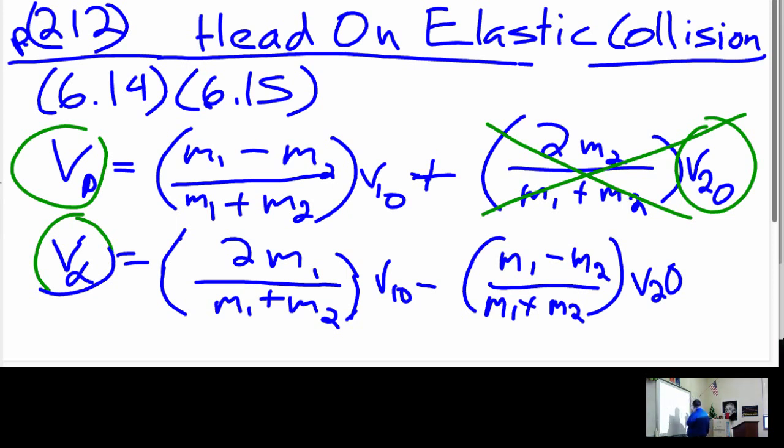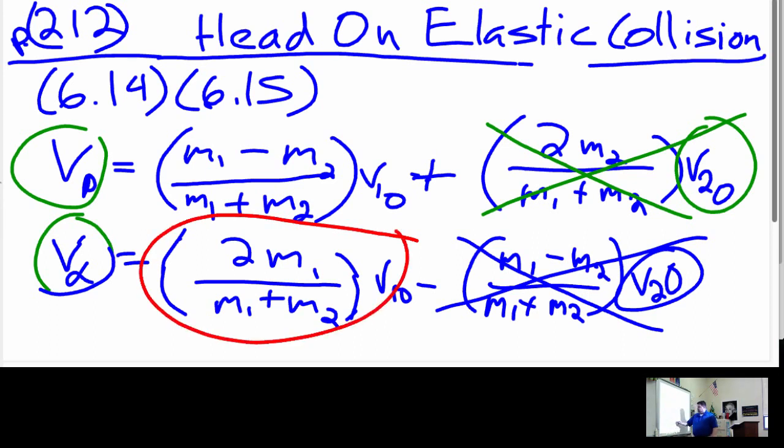Well, again, this is based on the initial velocity of the second particle, which we know is 0. 0 times all this stuff is 0. How convenient. It worked out. So I only really need to focus on this stuff, except I'm going to change M1 to P, and this is going to become alpha, and this will be the proton.